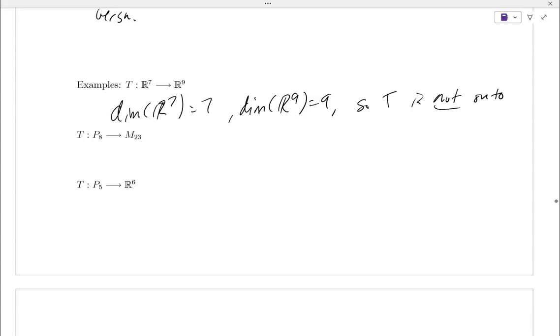Could be 1-to-1, but definitely cannot be onto. Okay. Next one, dimension of P8 is 9. Dimension of M23 is 6. So which can't it be? 1-to-1.